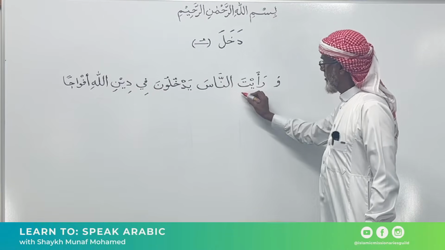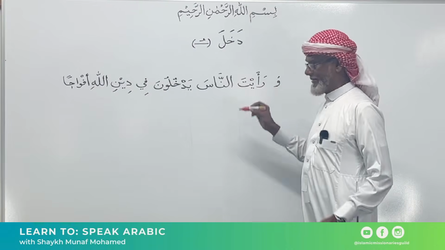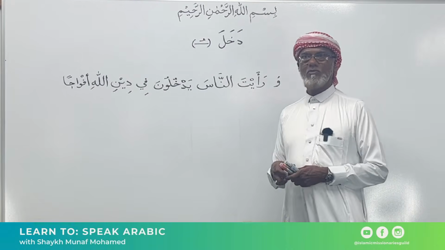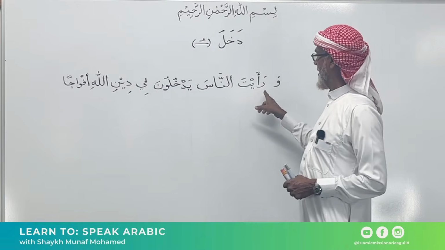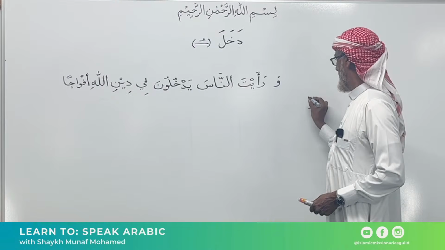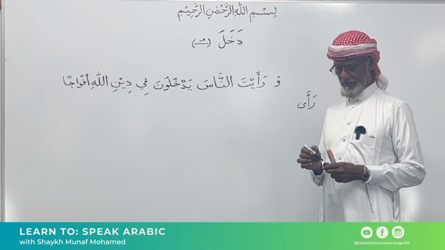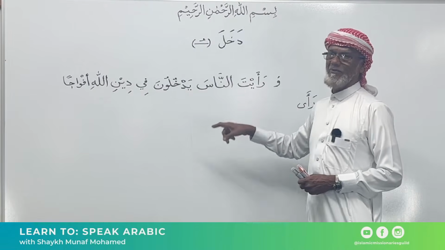So we have wa and ra'aita. All right, ra'aita. So the verb is ra'a, which means to see. So ra'aita, you see.